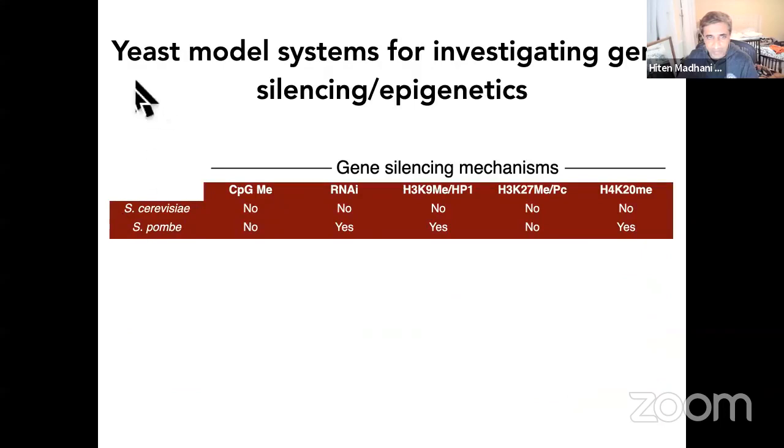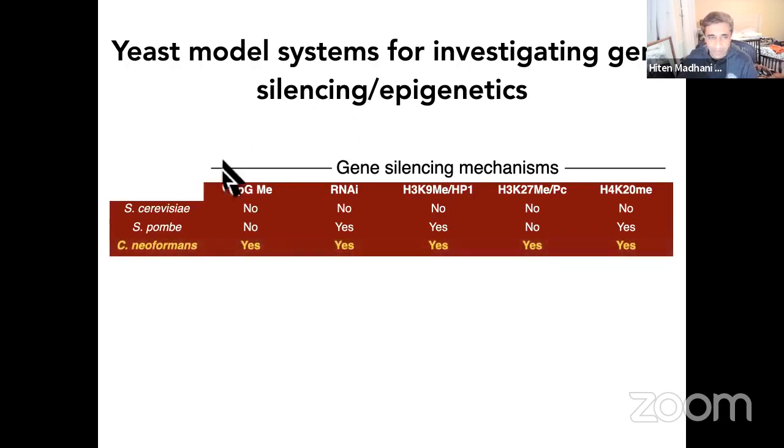So that's all the background I'm going to give you about DNA methylation, but myself being a simple-minded yeast geneticist would like a yeast system for studying these silencing mechanisms because of the experimental tractability of the system. And so Saccharomyces cerevisiae, the dominant model unicellular eukaryote, unfortunately lacks DNA methylation and a number of other gene silencing mechanisms.